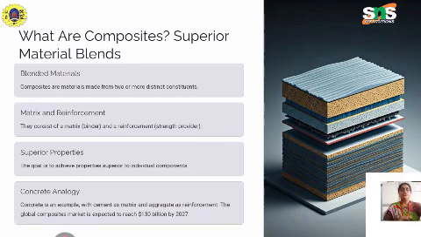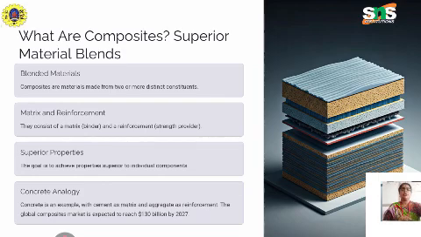There are two important terms to know while learning about composites: the matrix and the reinforcement. Matrix is a binder, or a continuous phase. The reinforcement is a strength provider, or a discrete phase. The matrix phase will contain the discrete phase, and they combine to make a composite material.